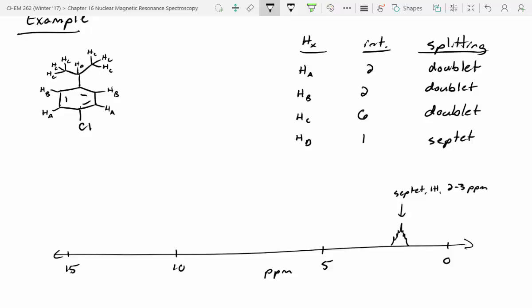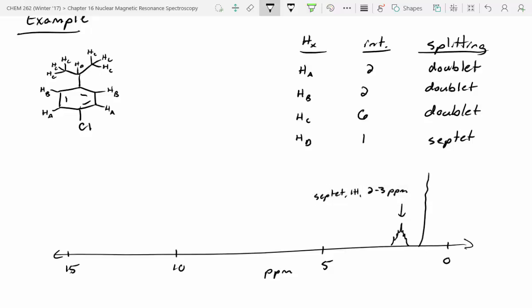All right, where do you think HC might show up? The methyl groups. Yeah, right around 1. So I'm going to slide this over, and I'm going to say, whoop. We should have a big old doublet close to 1.